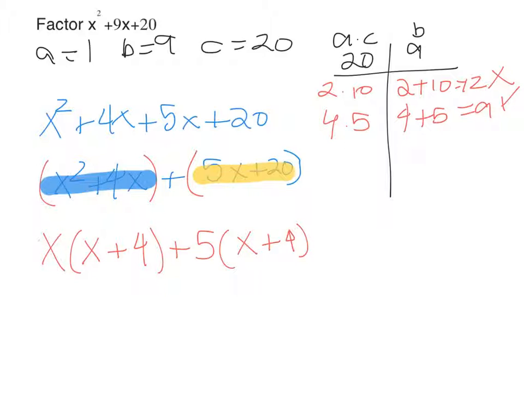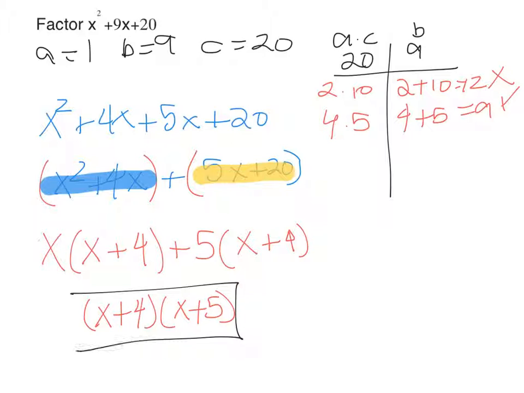Okay, hopefully you've noticed we've written the same parentheses twice here and here, so we can factor that parentheses out. So when we do that, we will have x plus 4, and that will leave us with an x plus 5 as well. And that right there is your final answer of factoring by grouping in the first problem.